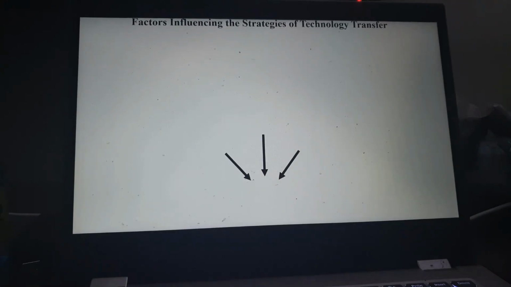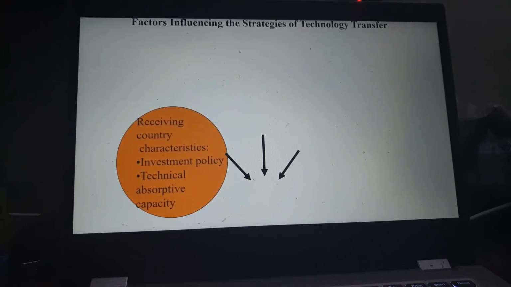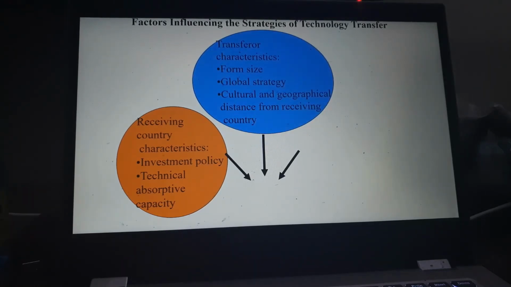Yes, factors that influence strategies of technology transfer. One, it is the receiving country: the characteristics, the investment policy, the technical absorptive capacity within the receiving country will actually influence the strategy of transferring.